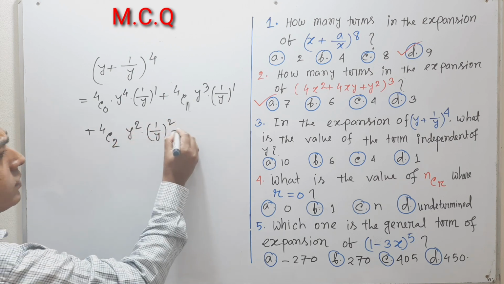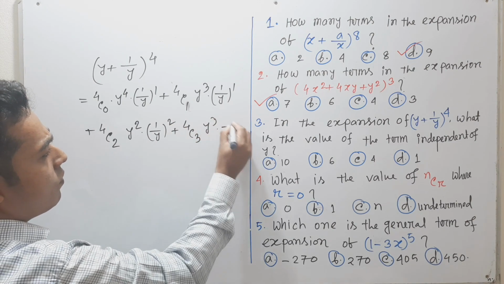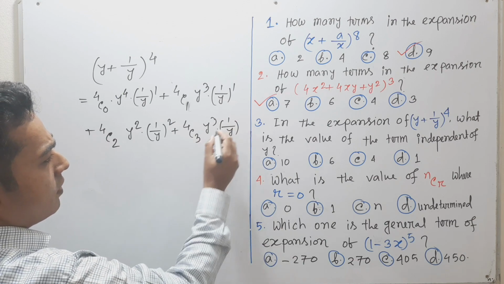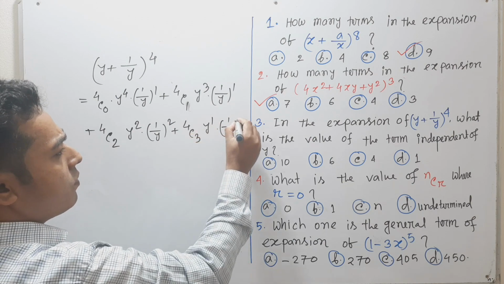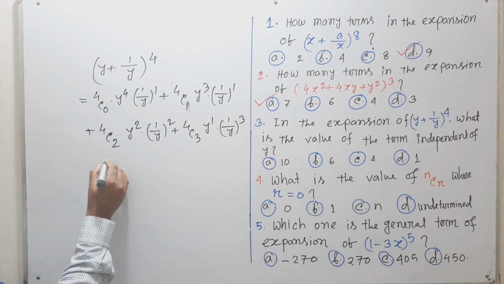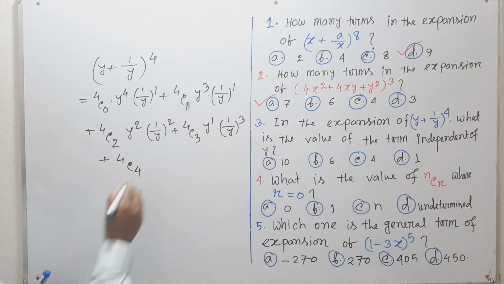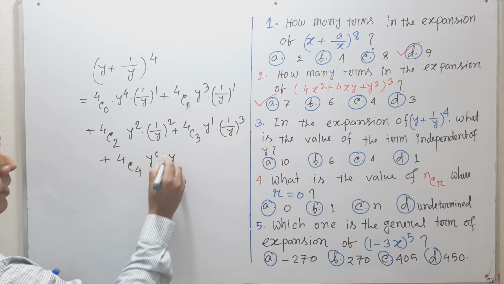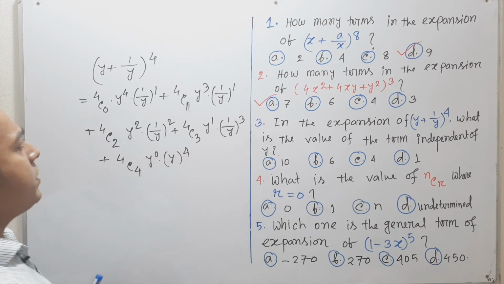Then 4C3, y and 1 by y cube, and plus 4C4, y to the power 0 and 1 by y to the power 4. But which one is the y free term?